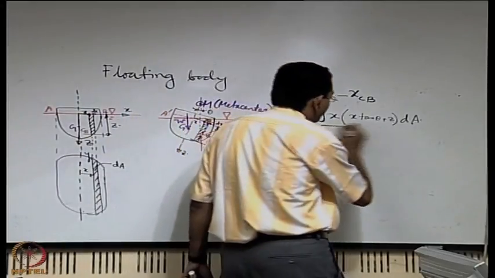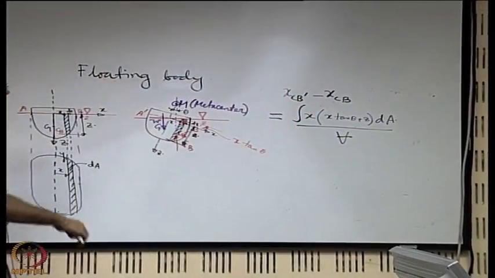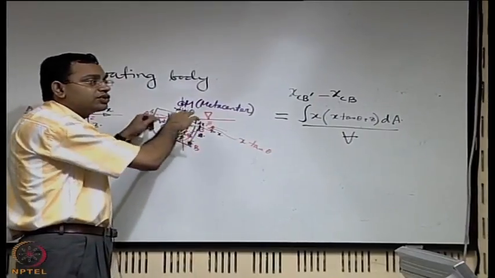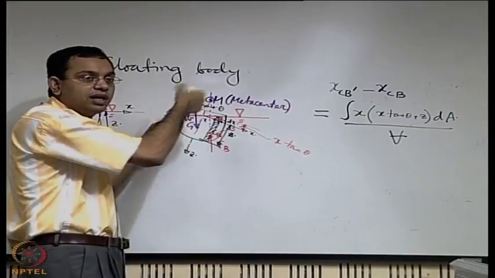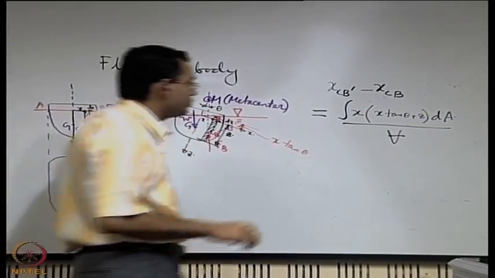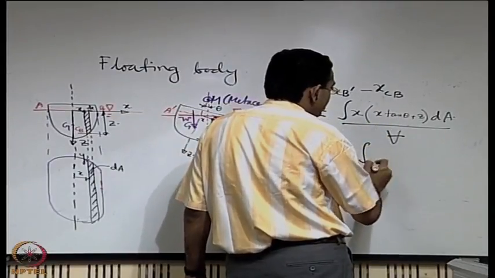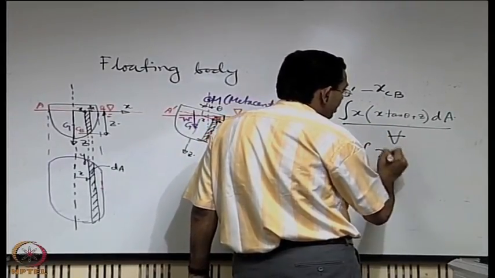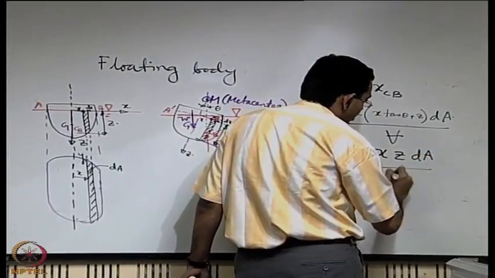So this is divided by the volume of the immersed part. Because of the symmetry, the total immersed volume does not change, whatever comes down, the same volume goes up above the water. So the total displaced volume does not change, minus what was the original one, integral of x z dA divided by V.